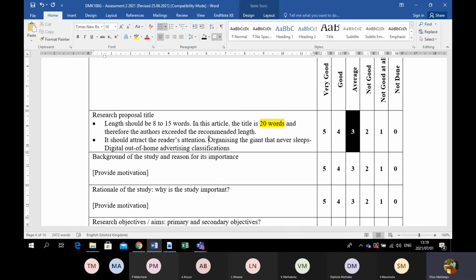So you can indicate here the title, for example, and I quote it.